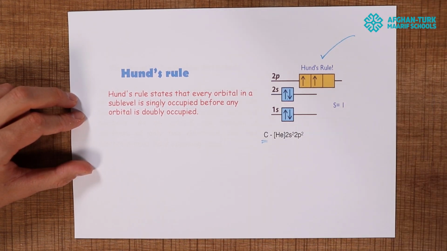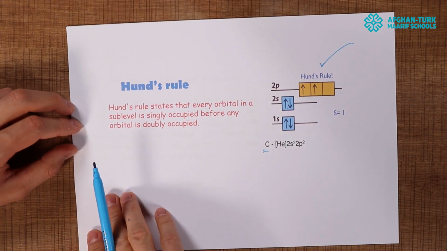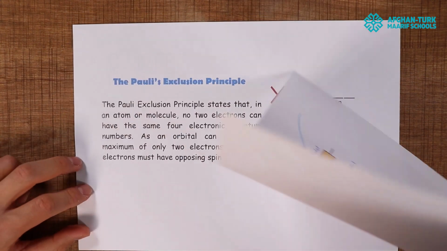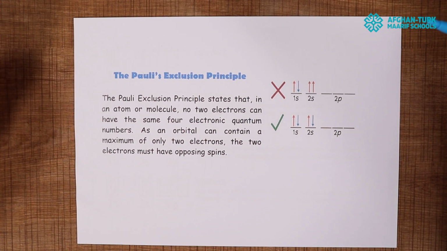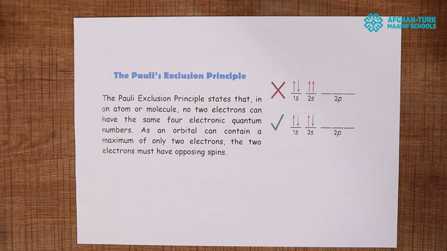Let's have a look at the next rule. The next one is the Pauli's exclusion principle. It says that no 2 electrons can have the same 4 quantum numbers in an atom or a molecule. For example, we know that every orbital can hold a maximum of 2 electrons, so they must have opposing spin.